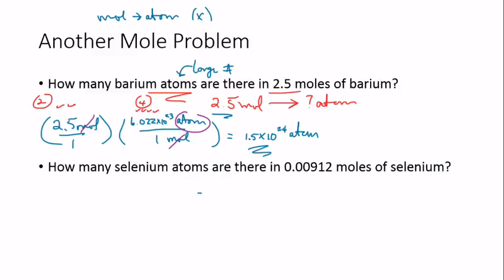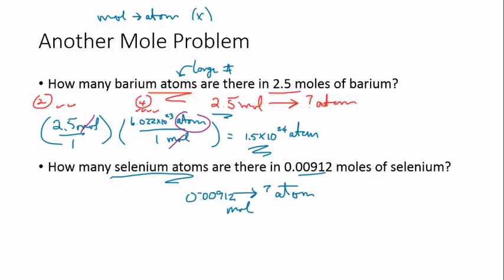Okay, let's just do one more, and then I'm going to turn you loose with a video question. This other one is a similar pattern. How many atoms are there in 0.00912 moles?